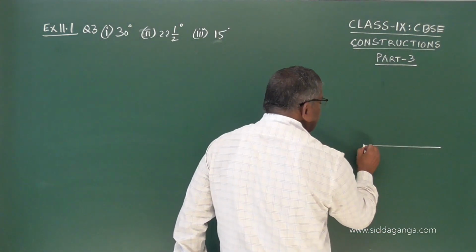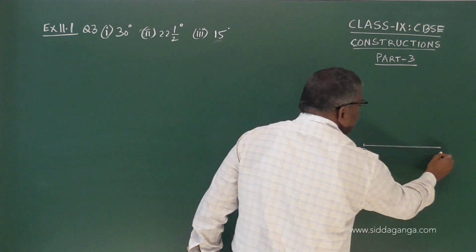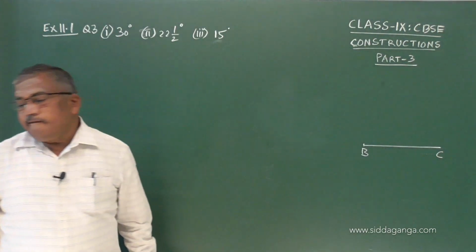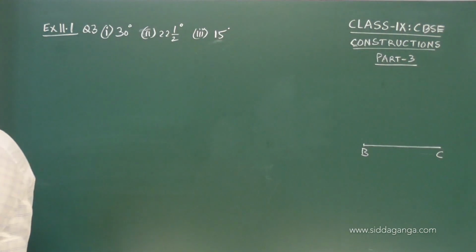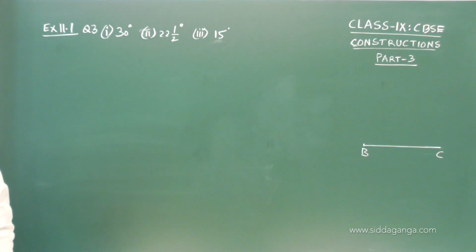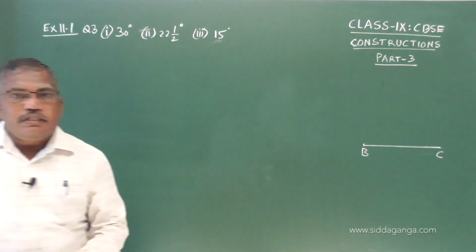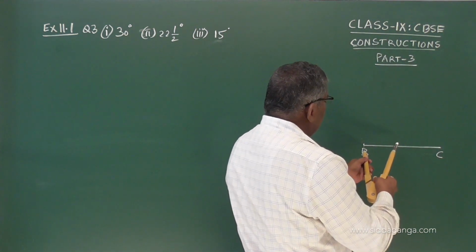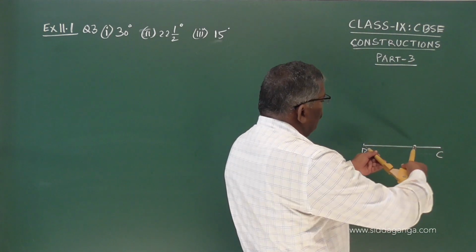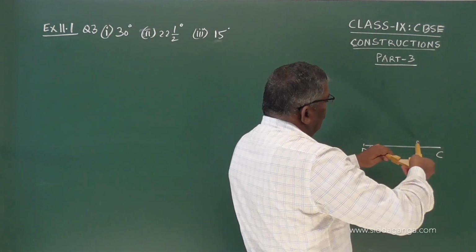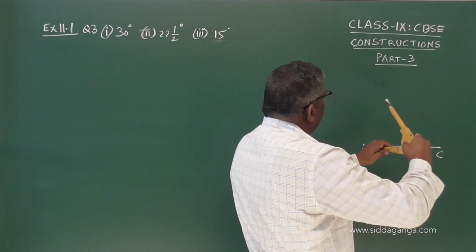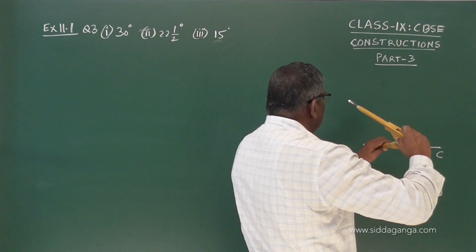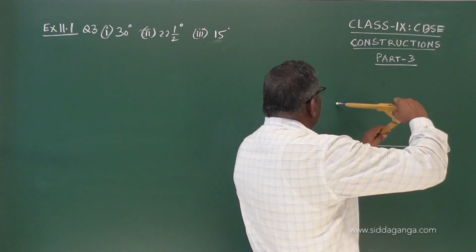So this is B, this is C. Now, as you know, to construct a 60 degree angle, what we do is, we will take some radius more than half of BC, and we will draw an arc.